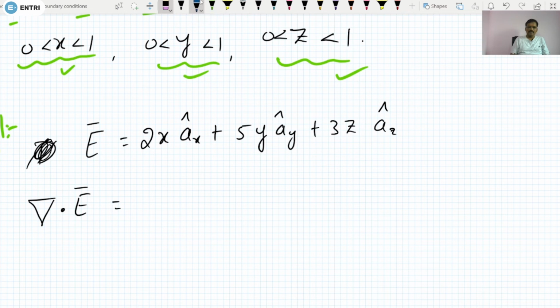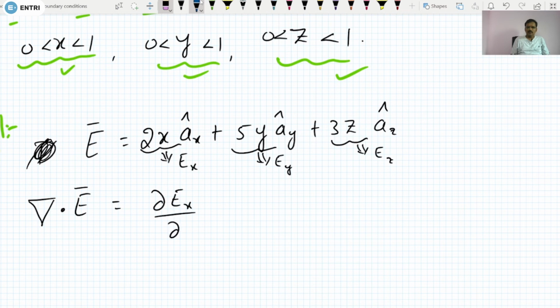Here this is the x component of the vector field, this is the y component, and this is the z component. Divergence of E bar is dou Ex by dou x plus dou Ey by dou y plus dou Ez by dou z.